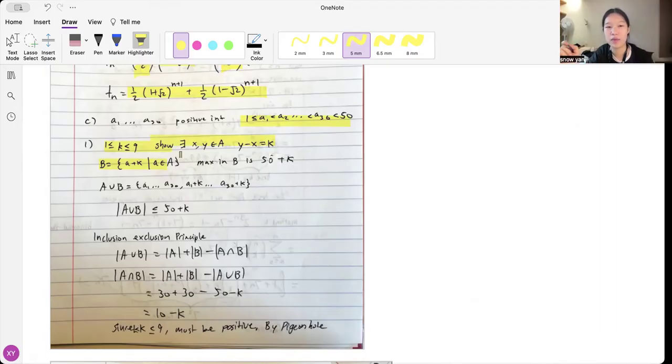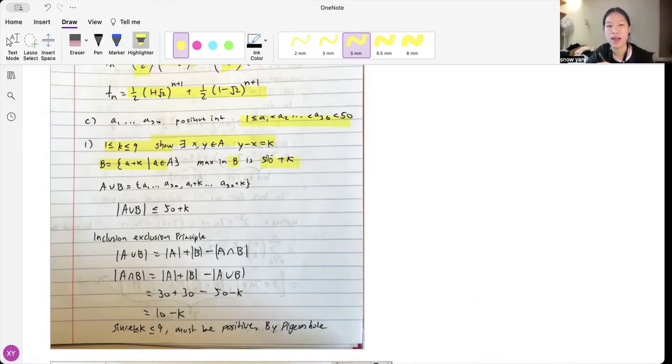So the maximum element in this set is 50 plus k, because I know the maximum is 50 and I incremented each one by k. So then my maximum would be 50 plus k.